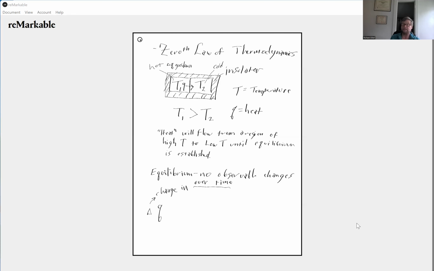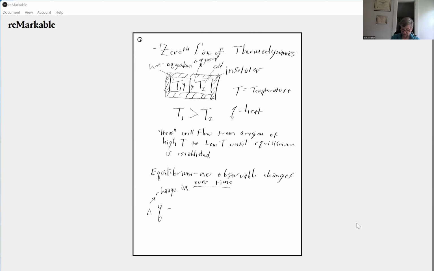We lose heat, so the change in heat goes down, while on the other side the change in heat goes up. It is increasing the amount of heat. So we're talking about the change of heat. Will the amount of heat go down or go up?